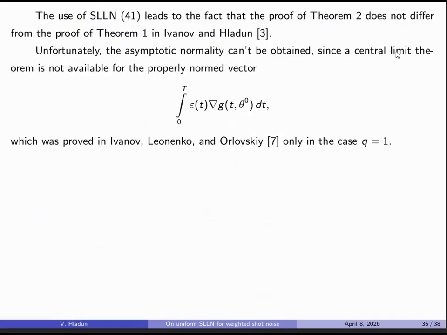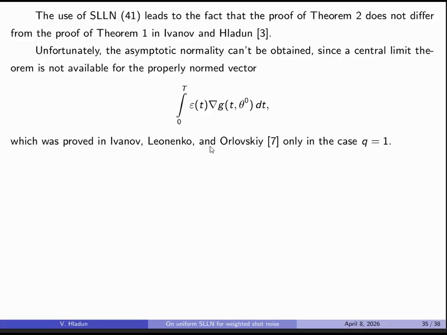Okay, as I mentioned in this slide, we don't have a central limit theorem for such types of integrals. So for case q equals 1, it was proven in the work Ivanov, Leonenko, and Orlovsky.